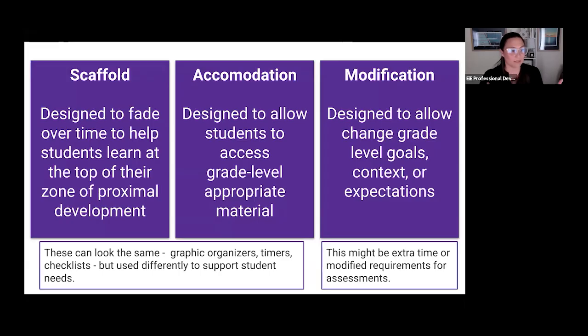That's just something that some people may always need. Your students may just always need to have a timer on their desk that they only get 5 minutes to complete this task. And then a modification is when we actually make a change to the goals. So allowing for students to have extra time or an alternative assessment.